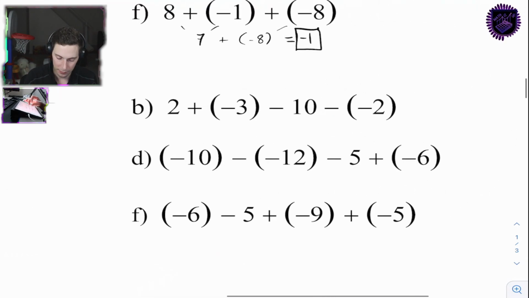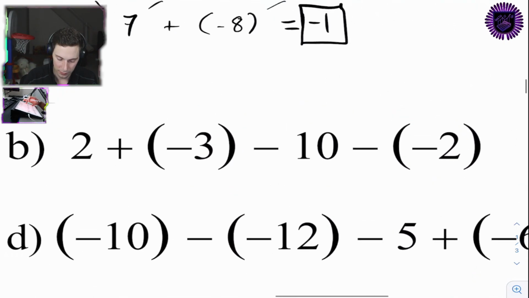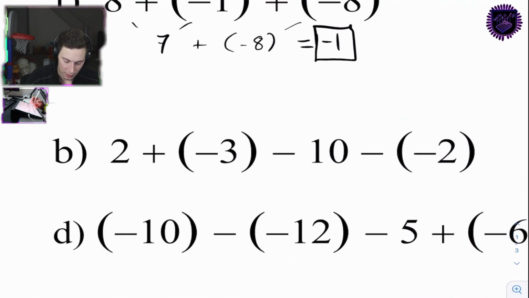B. Let's go here and here, and that's negative plus a negative, so that's going to be negative 1. Then we're going to minus 10, and then minus negative 2. So that's going to be negative 1 minus 10.